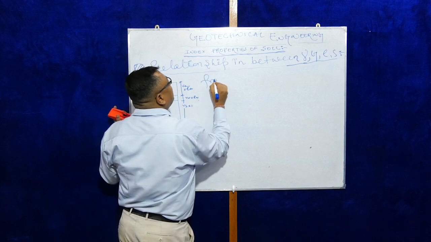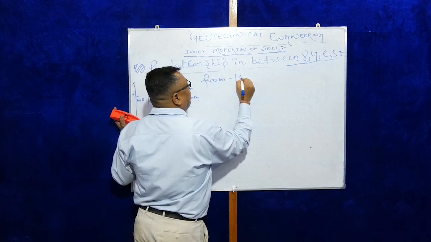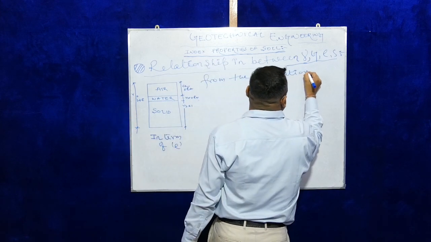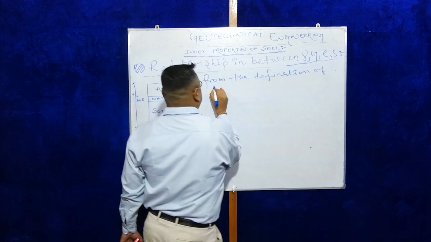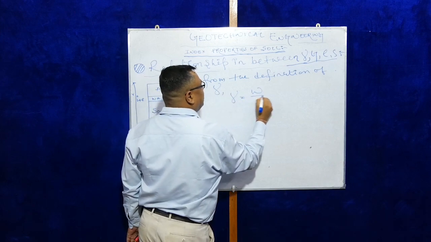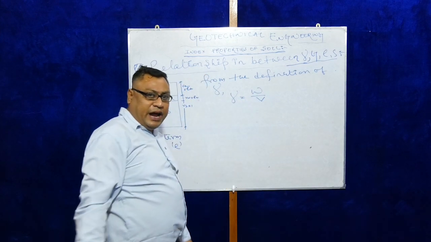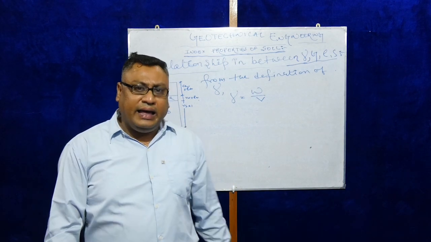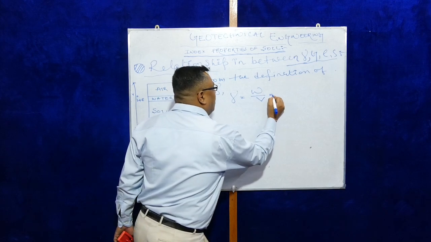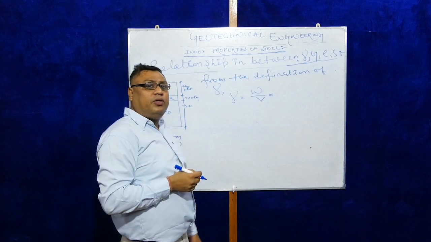From the definition of unit weight of soil, what is gamma? Gamma is equal to W by V, means weight to its unit volume. Next, what is the total weight of soil?